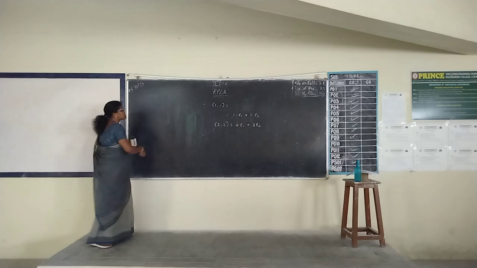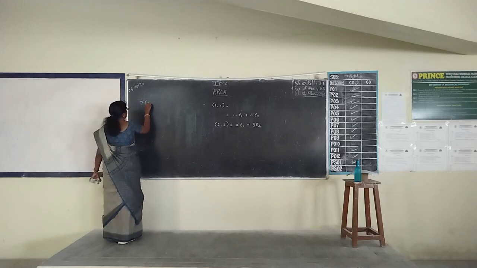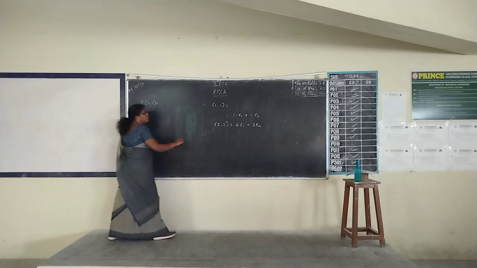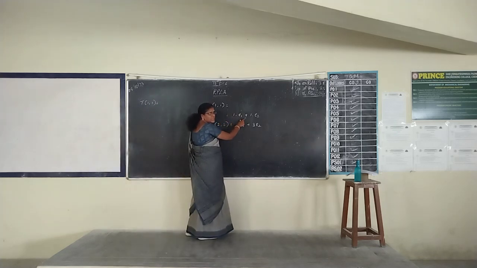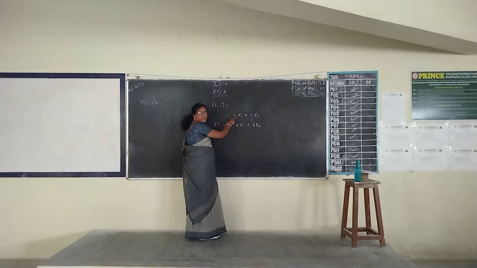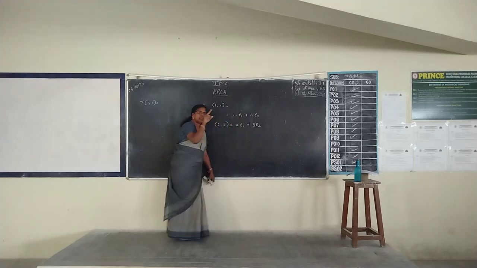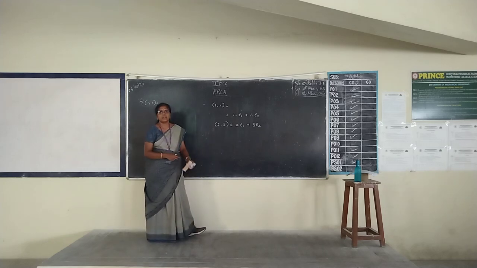So what happened to the first equation? T of (1, 1) is equal to... so you have to apply the transformation here now. It is linear, so what can you do? Linear means you can write 1 into e1 plus 1 into e2 and apply the operator T to e1 and e2, because e1 and e2 are our vectors.